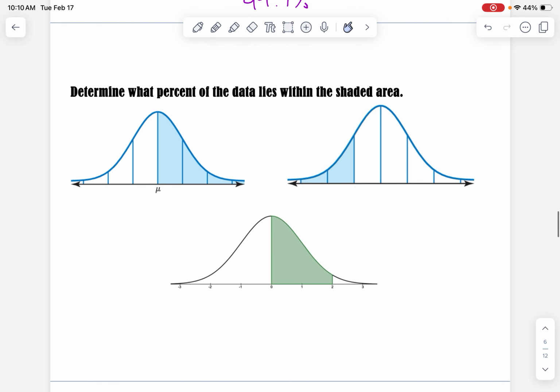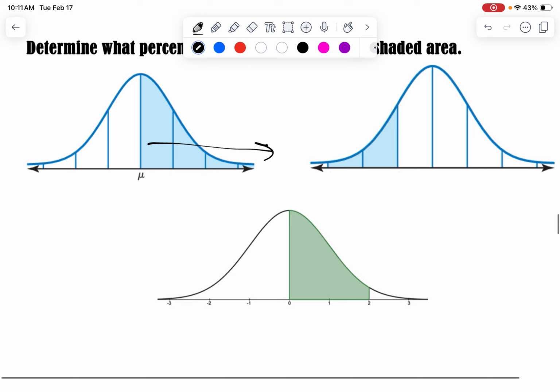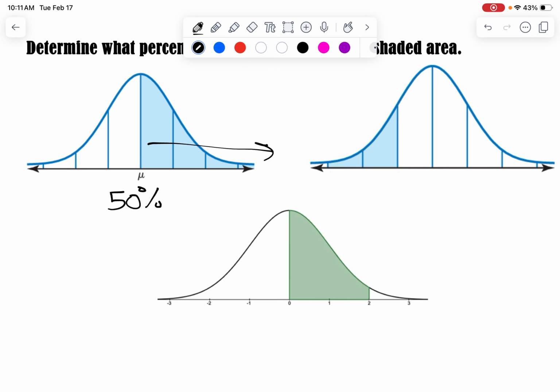Okay, so then how do we use this? If I said what percent of the data lies within the shaded region, right? In the very middle is the mean, and you'll see everything shaded above that. So if the mean is right in the middle, this would mean 50% has to be above that in a normal distribution.